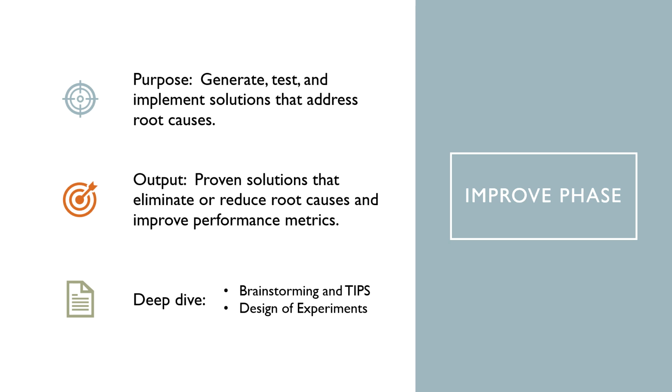Then we must design experiments where we test our assumptions, run some pilots, and try to optimize those variables for the highest level of quality. And after we have identified proven solutions that eliminate root causes and improve performance metrics, we move to implementation.